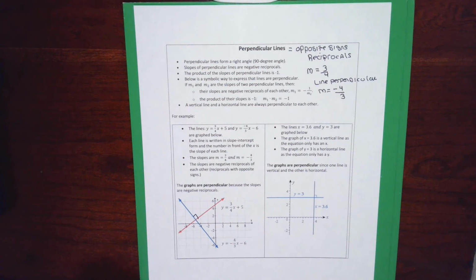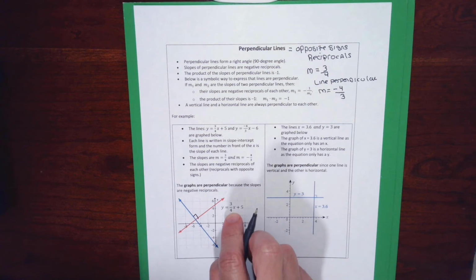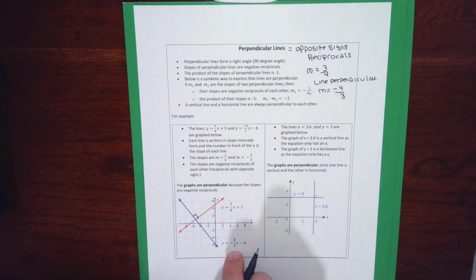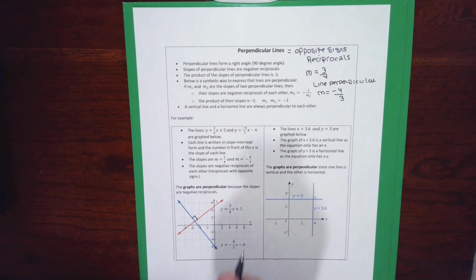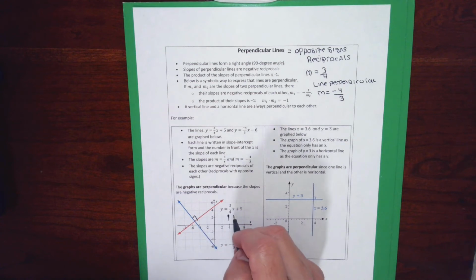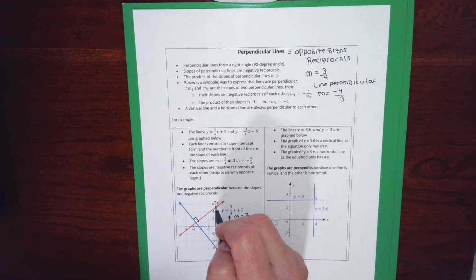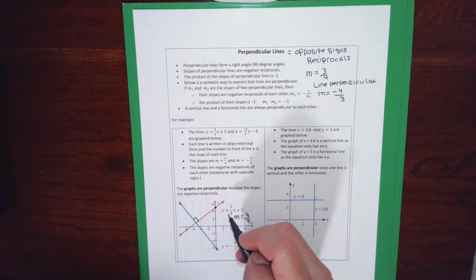That means they're perpendicular. The two lines that are drawn are y equals 3/4 x plus 5 and y equals -4/3 x minus 6. The line that's drawn in red is y equals 3/4 x plus 5. It has a slope of 3/4. To graph this line, you'd plot 5 on the y-axis.